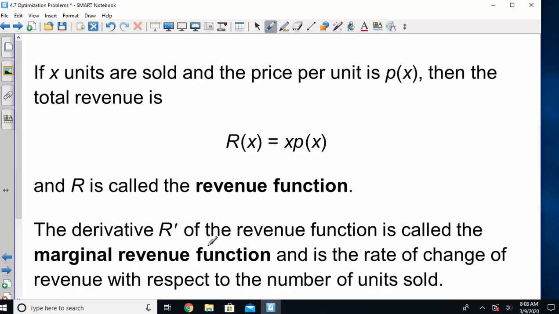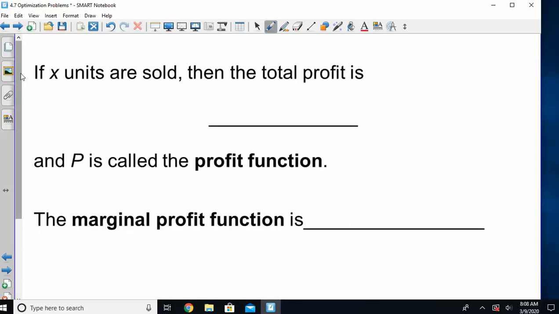If I want to relate this to my profit, what is profit? What does that mean? The money you make. How do you find it?